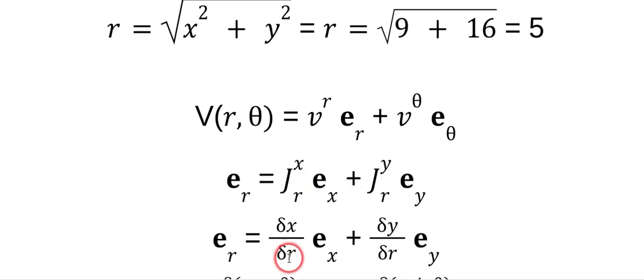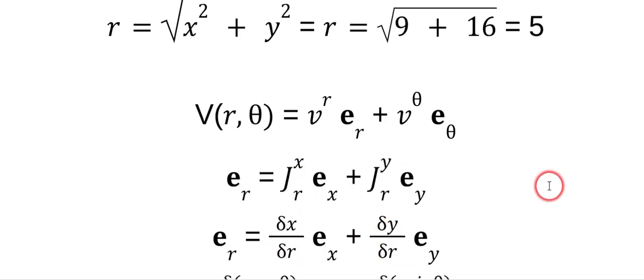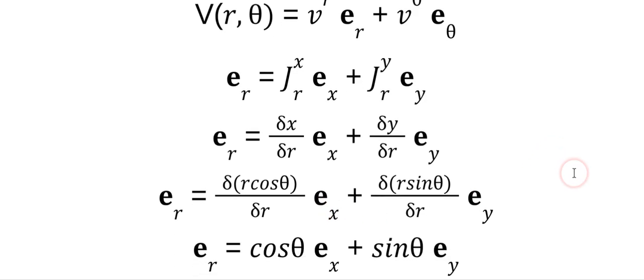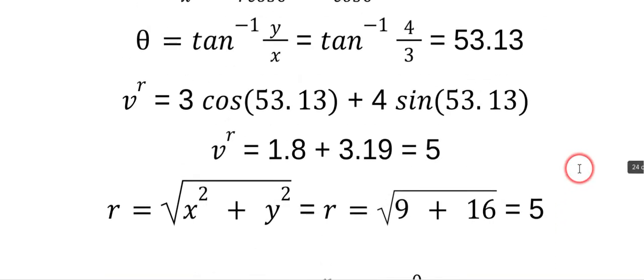The partial of x with respect to r, partial of y with respect to r. We put in what x and y are and differentiate with respect to r, and we get this. So in terms of the basis vectors, there was no shortcut. I did it the proper way, and I should have done this the proper way the first time and shown you how easy it was to do the shortcut.